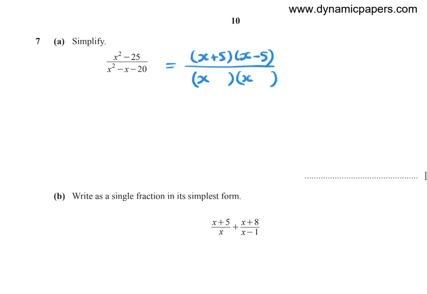For 20, if you multiply you get negative 20, and if you add you get negative 1, so negative 5 and positive 4. Now you can use a calculator to help you factorize. x minus 5 and x minus 5 cancel out, so you are left with x plus 5 over x plus 4.